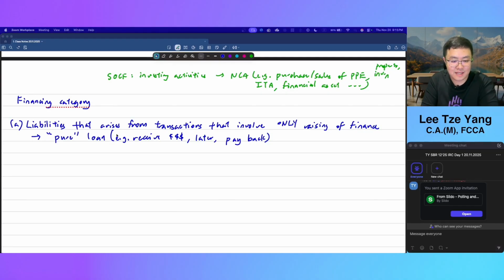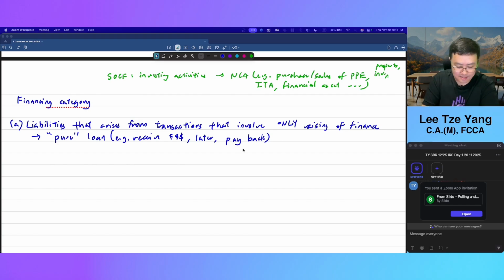If the liability is like a loan where you receive money, or maybe you do not receive money, but someone helps you to pay off your loan, that is also the same, but I just make it simple. We just say receive money. Subsequently, you pay back in cash or in your own shares or whatever. It doesn't matter. But as you know, this is just financing category.